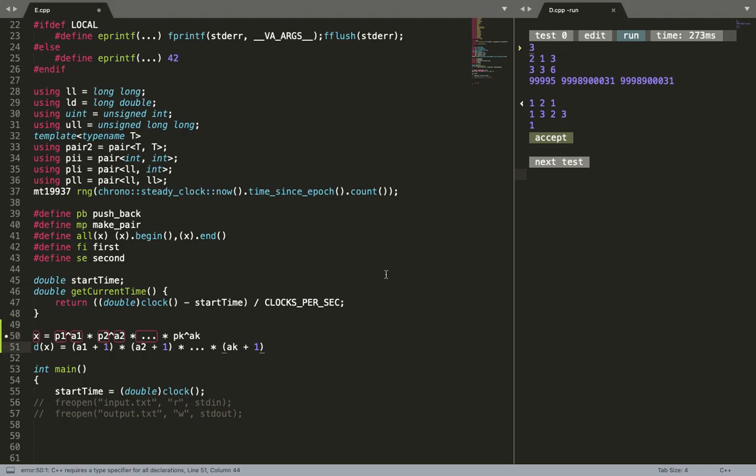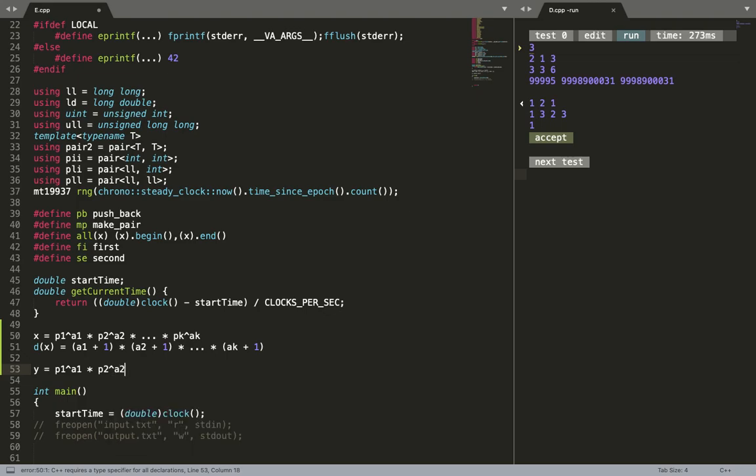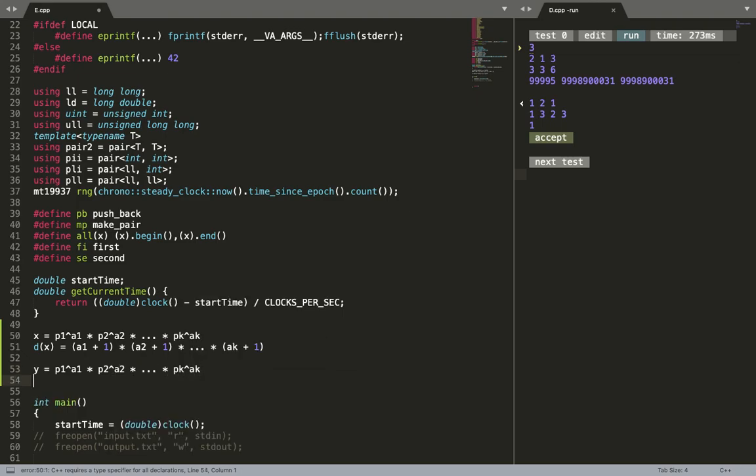So when we have two numbers between which we have an edge, we have y and we have x such that it is y times some prime number, let's say p1.